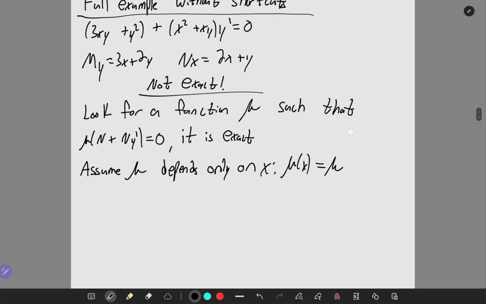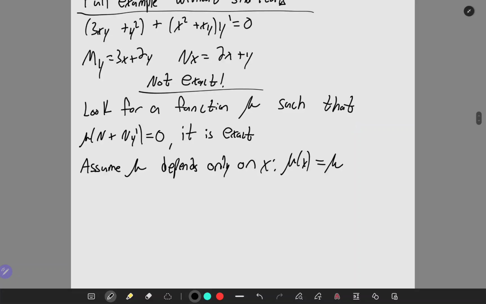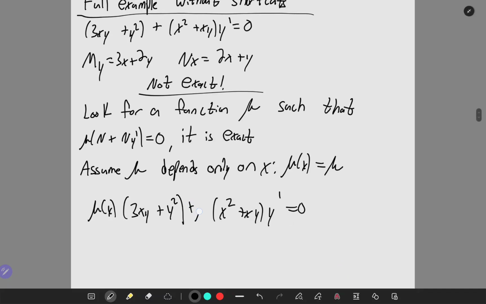So now, if I rewrite this, we're going to have mu of x times (3xy plus y squared) plus mu of x times (x squared plus xy) y prime. Basically, what we're doing is we're going to find some mu that we can multiply both M and N by, that'll make it an exact equation, so then we can solve it later like we are used to.